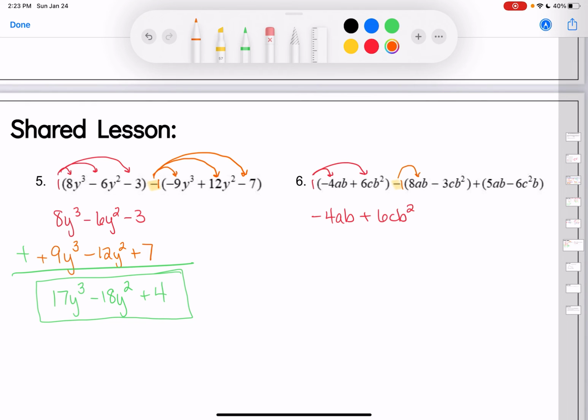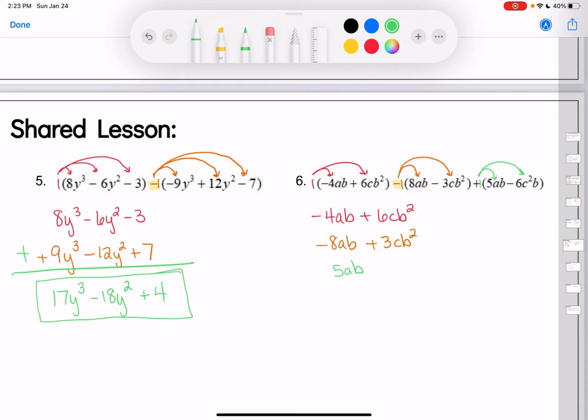So now I have negative 8ab, and I have positive 3cb squared, right? Negative 1 times negative 3 gives me positive 3cb squared. All right, my third parentheses, I'm distributing a positive 1, so this one's not going to change. So I'll have 5ab, but this last one is negative 6c squared b.